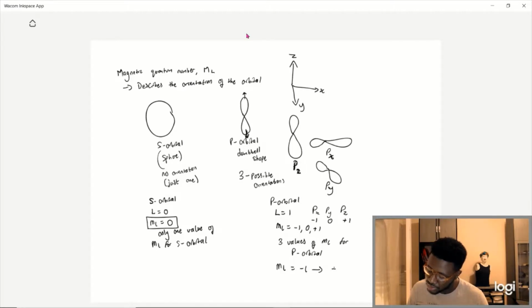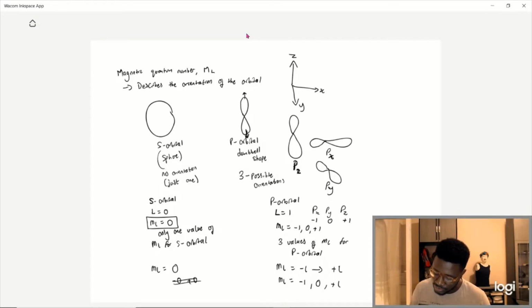For the p orbital, your L is equal to 1, so ml is -1, 0, and +1. You have to include 0. For your s orbital, your ml is just 0, because minus 0 to plus 0 is still 0, so it doesn't count.